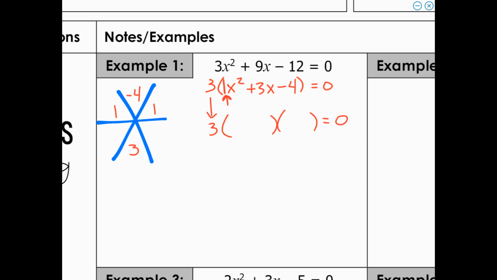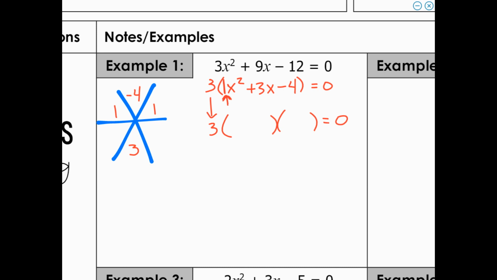So what are my factors that are going to multiply to give me -4 and add to give me 3? -4 and 1. Yes, but if I have -4 and +1, am I going to get a +3?